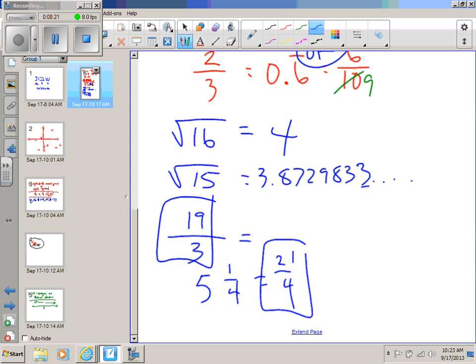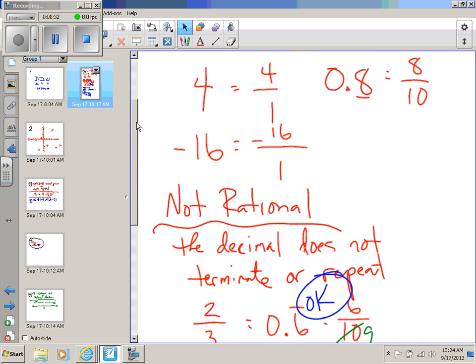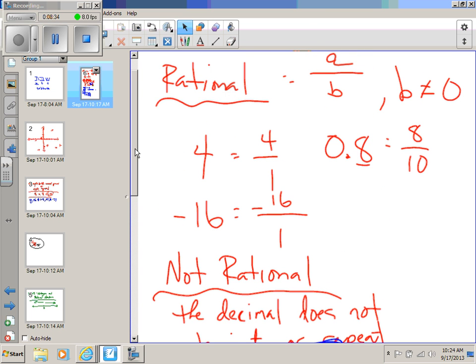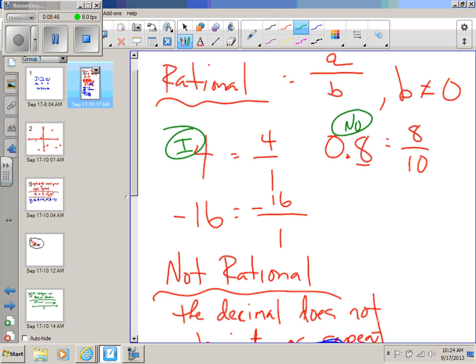But integers are your whole numbers, your counting numbers. So if they ask which of these would be integers, go back. Would this be considered an integer? 4? Yes. How about 0.8? No, as far as the integer is concerned, our whole numbers, our counting numbers.